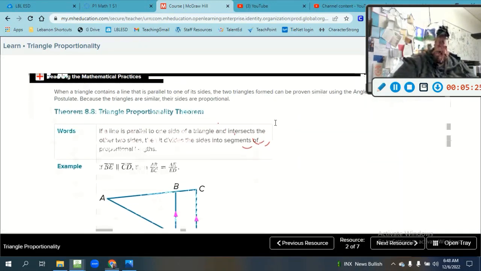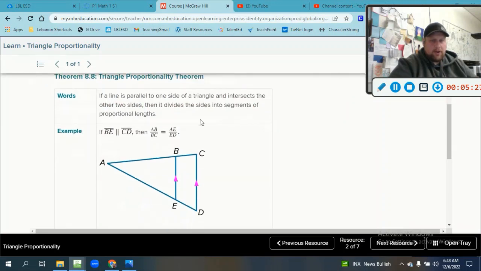Okay, Theorem 8.8, triangle proportionality theorem. This says if a line is parallel to one side of a triangle, and it intersects the other two sides, then it divides the sides into segments of proportional lengths.